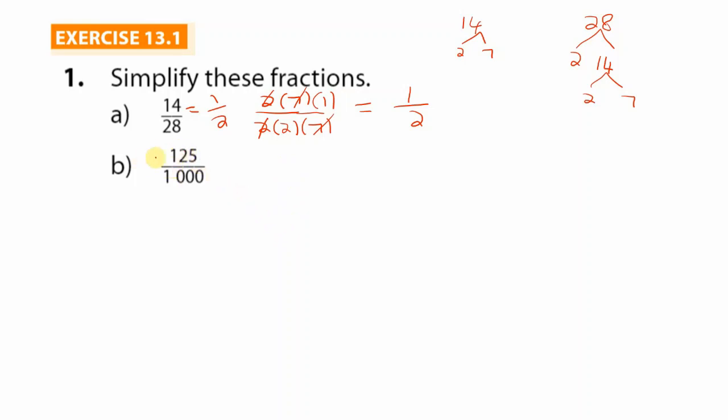So I'm going to give you the opportunity to try number B on your own. See if you can simplify that by either using prime factors or by asking yourself what can go into 125. It can also go into 1000 without remainder.